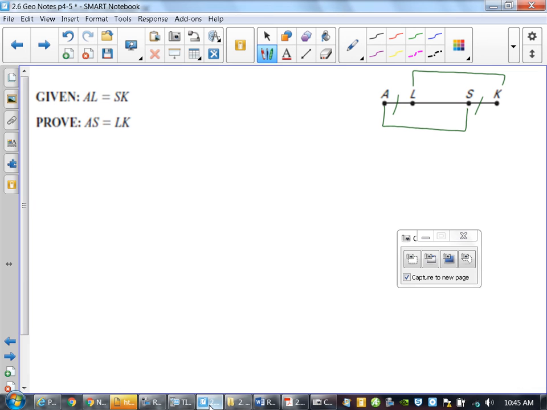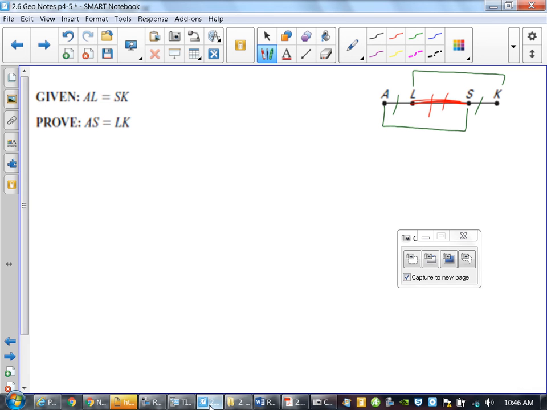In order to do that, do those two segments have some sort of common overlap? What is it? What do they have that's common overlap? LS. LS is in the middle of both of them. LS is this chunk here.